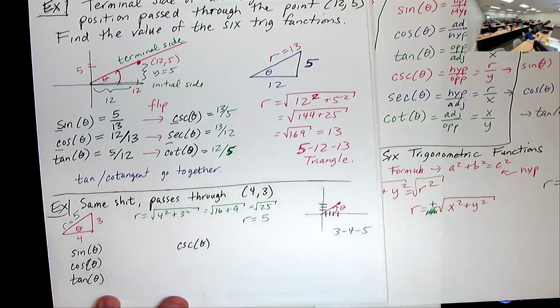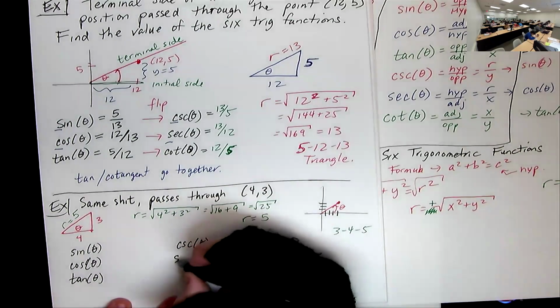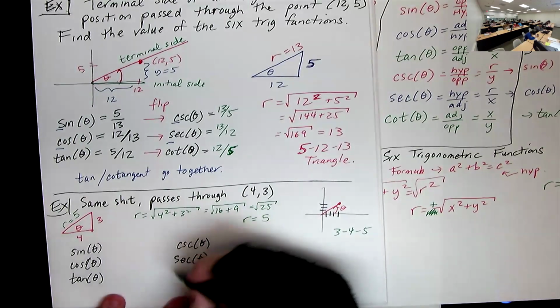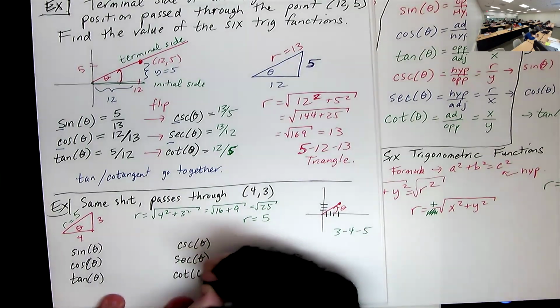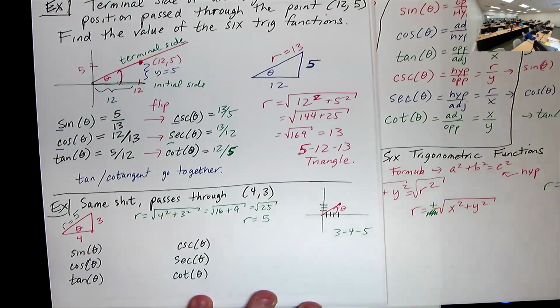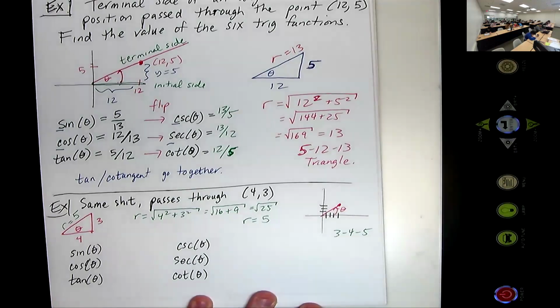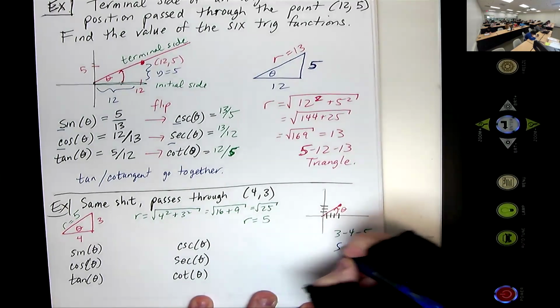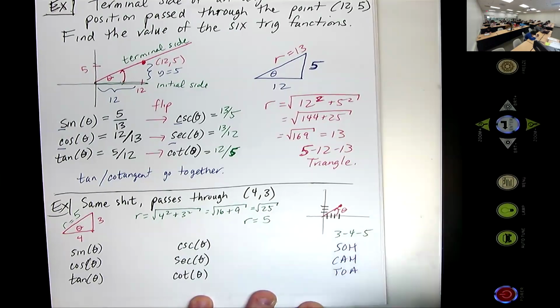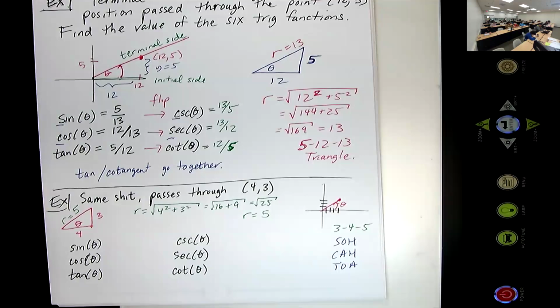Line up sine with cosecant because it starts with the other letter. And I'll line up secant with cosine because it starts with the other letter. And we line up tangent and cotangent. Go by our mnemonic, so for TOA, it tells us the letters in which order to go in.